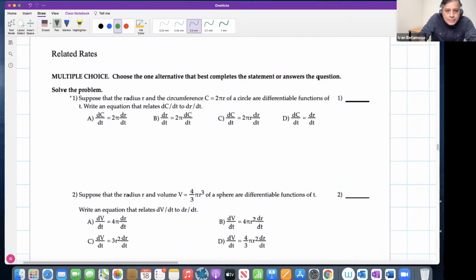Can you try this? Here, they're saying that suppose that the radius R and the circumference are related by this formula, right? Circumference of a circle. They say write an equation that relates the derivative of the circumference with respect to time with the derivative of the radius with respect to time.